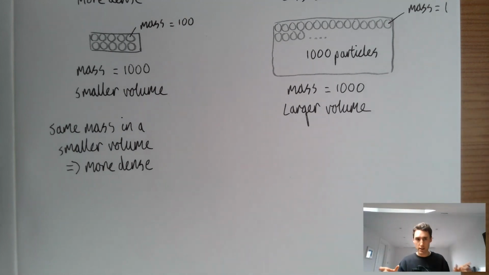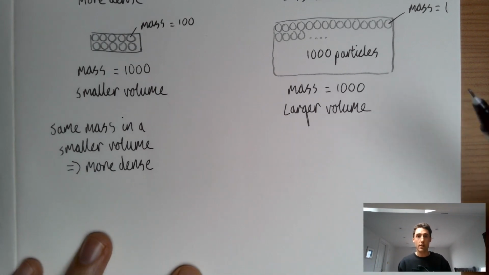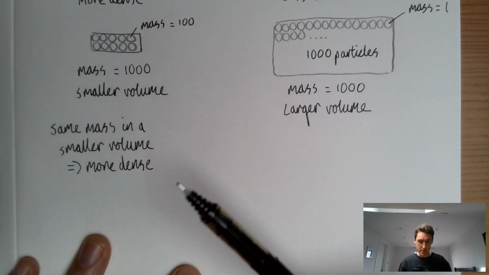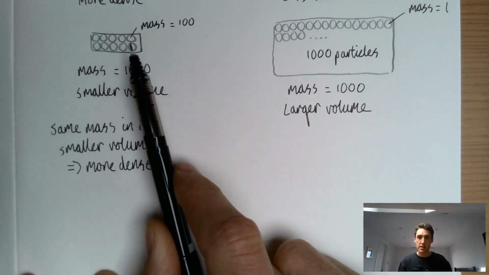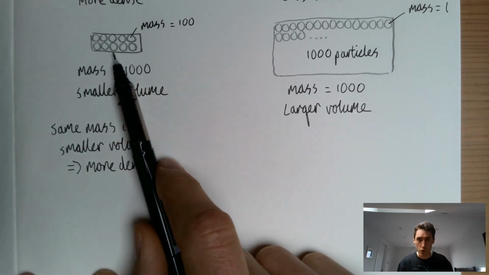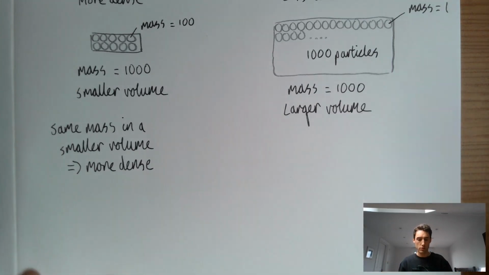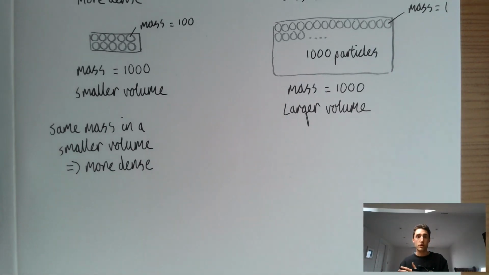And I think the key takeaway is this is a way of explaining density in terms of what is the mass of each particle, and really highlighting this difference, that the reason gold is more dense than chocolate, for example, whether they've got the same mass or the same volume, the reason gold is more dense is because each of its particles has a greater mass. And that seems to me to be the most important thing that students can take away from this lesson.